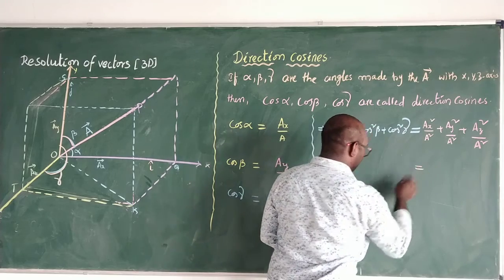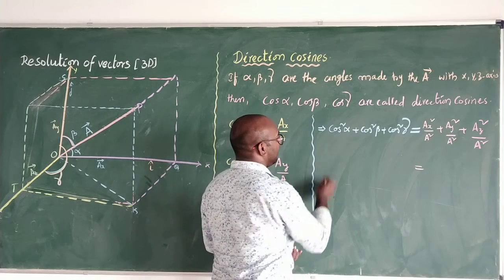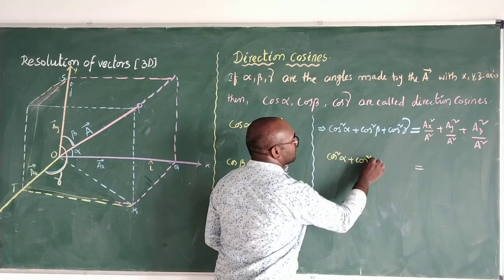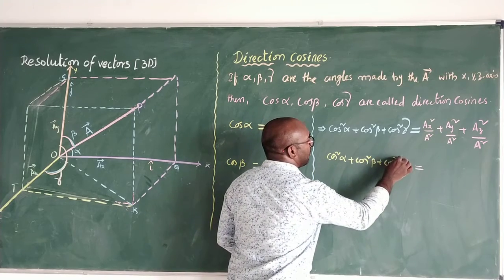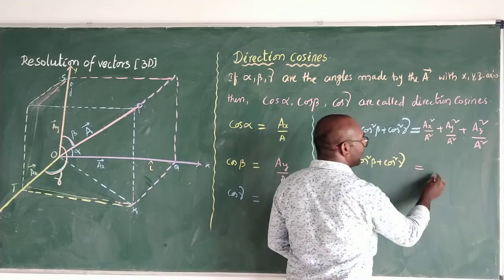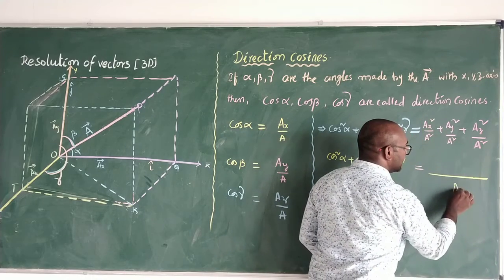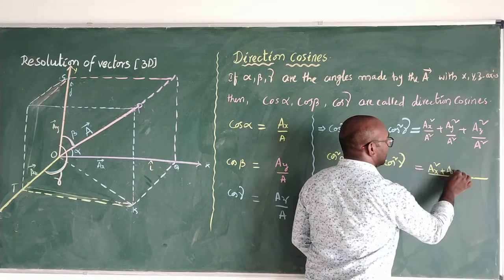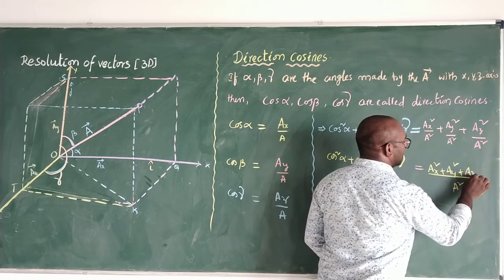Am I right? So write down: cos square alpha plus cos square beta plus cos square gamma is equal to, now the numerator, A square will come out, Ax square plus Ay square plus Az square, over A square.